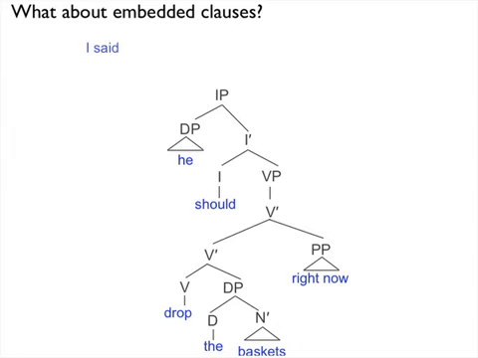Okay, and then what about embedded clauses? I said, you can take this clause, he should drop the baskets right now. And we could embed that in another clause by using a verb that takes a clausal complement like said, and then we can put in this that thing, right?